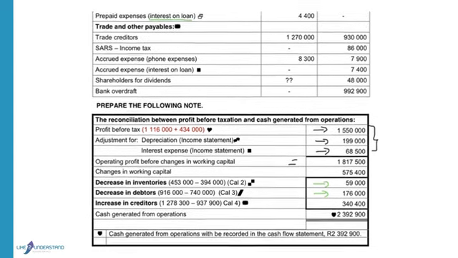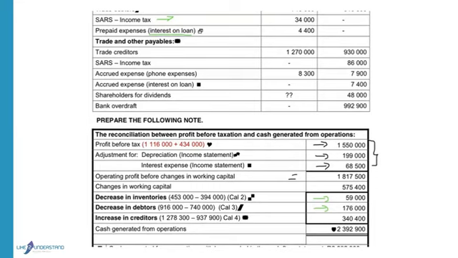If we look at the creditors, we see that there are creditors movement from 930,000 to 1,270,000. That means that the creditors increased from the previous year to the current year. If there's an increase, the money was not paid to the creditors.